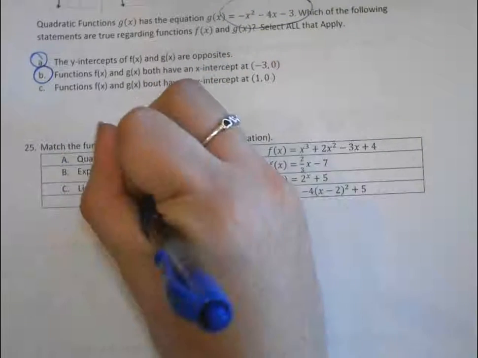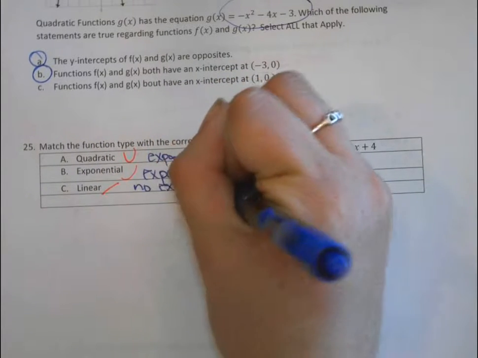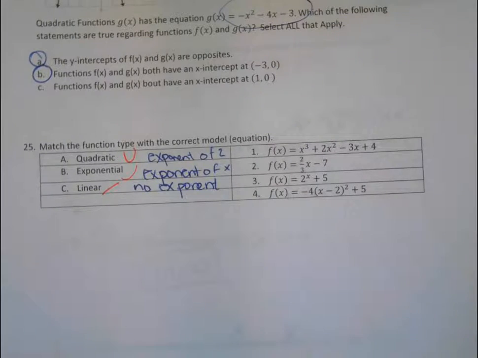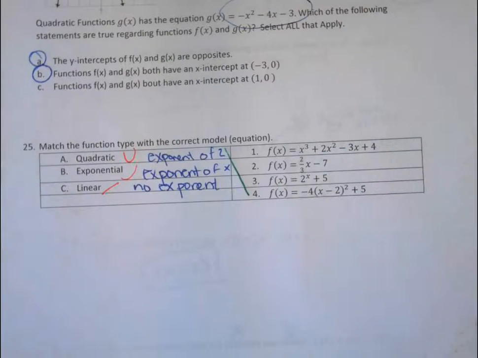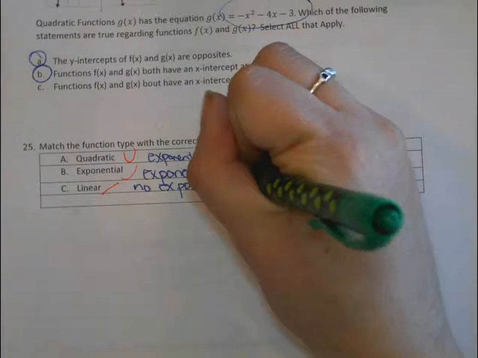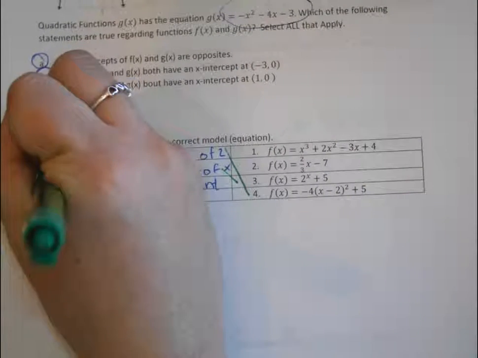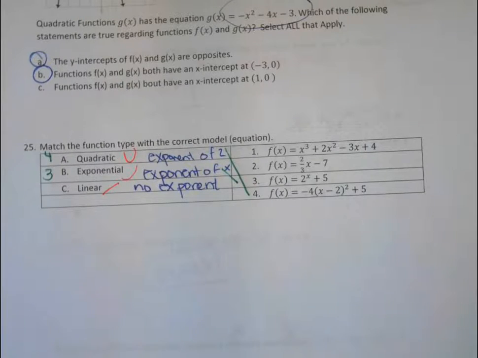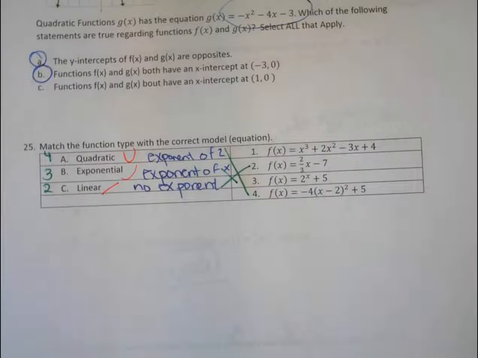And linear has no exponent. I'm going to go ahead and match them. On quadratic, I'm looking for an exponent of 2. That's choice number 4. Exponential is an exponent of x. That's choice number 3. So I'm going to write this over here just in case my lines are a little confusing. And linear is no exponent, which is 2. So it's okay that I don't use 1. I just have 1.